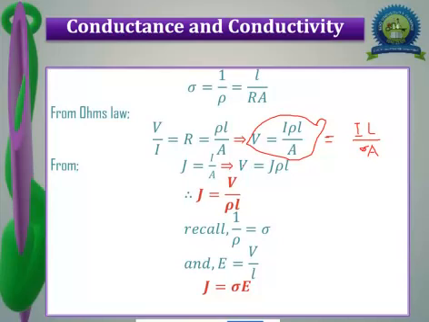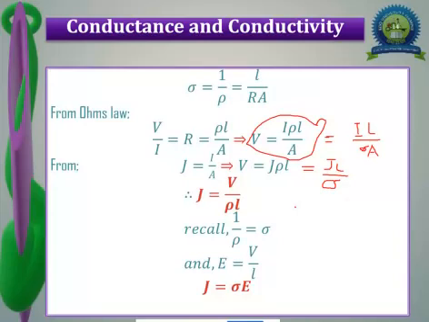And if we bring that into this equation we have up here, then we will have V is equal to J rho L. And it can also be expressed as J L over sigma.